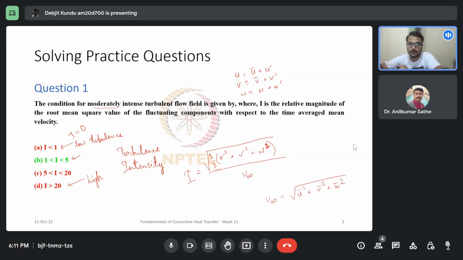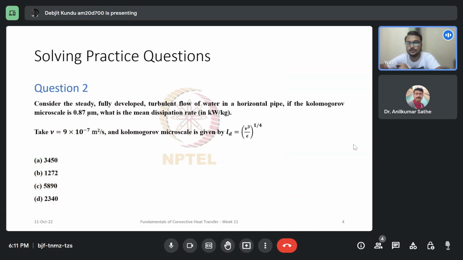Moving on to question number 2. It says, consider steady, fully developed but turbulent flow of water in a horizontal pipe. Now, if the Kolmogorov microscale is 0.87 micrometers, what is the mean dissipation rate?